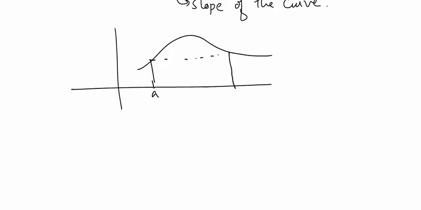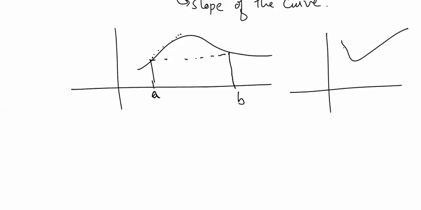If f(a) is equal to f(b), then it is quite evident that the curve will take a turn. It cannot be a monotonically increasing or monotonically decreasing curve. There can be a curve of this kind, with this as a and this as b. There has to be at least one point where f dash c will be 0.